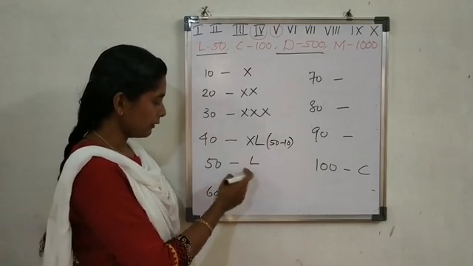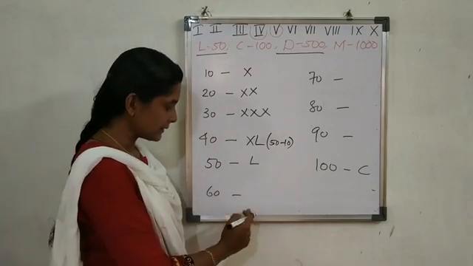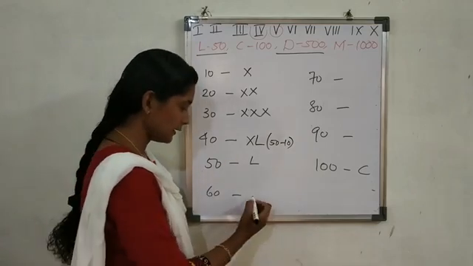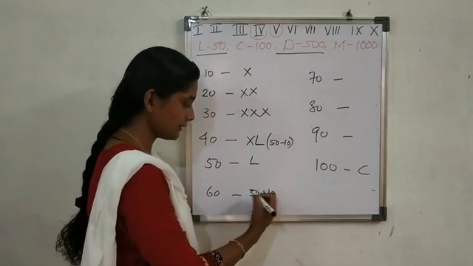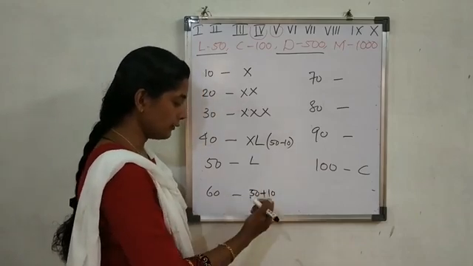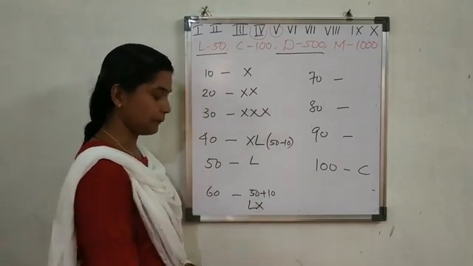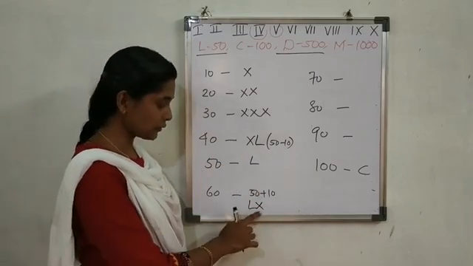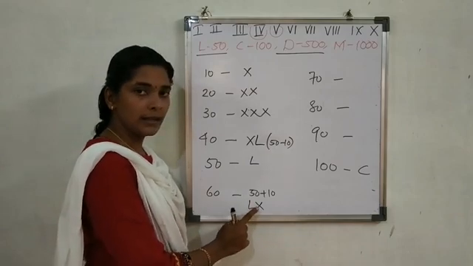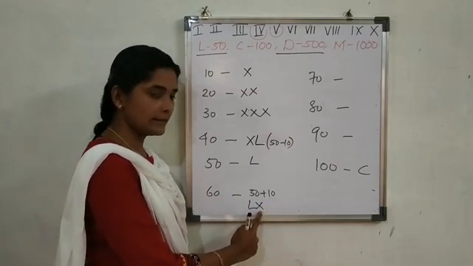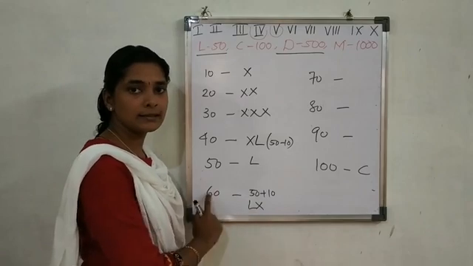Then 60 is what? 50 plus 10. If you have to add the 10, you have to write X on the right side. LX: L is 50 plus 10 is X. That is 60.